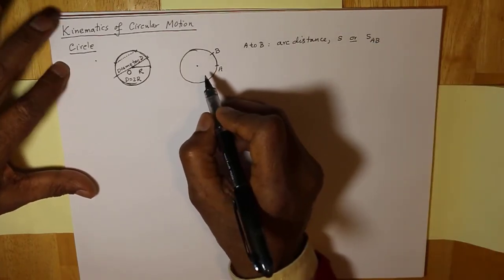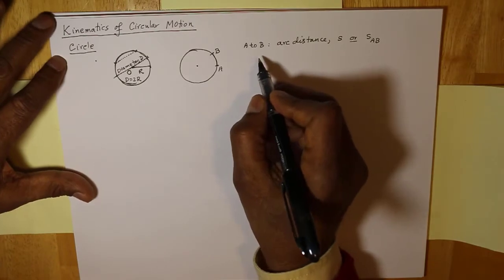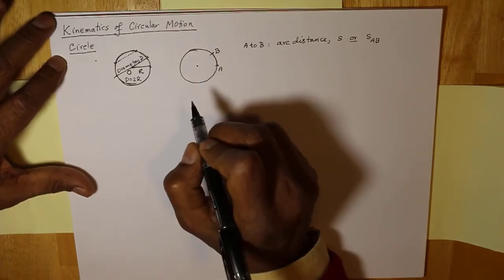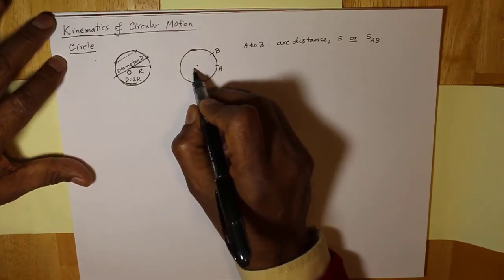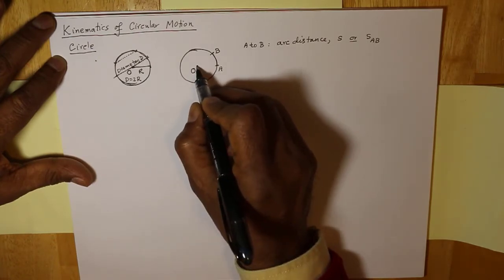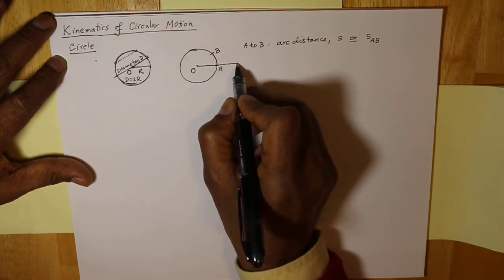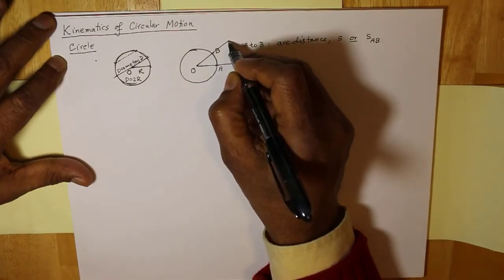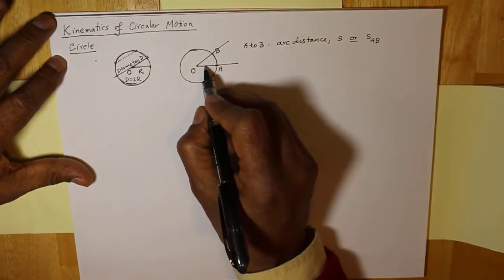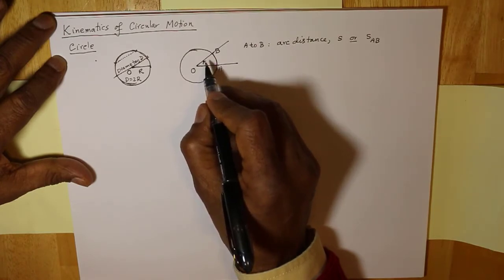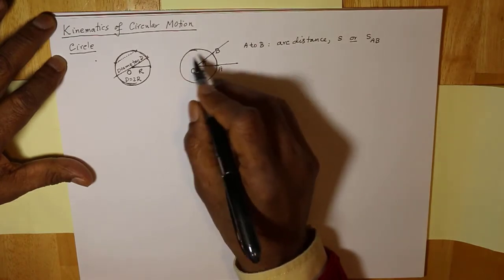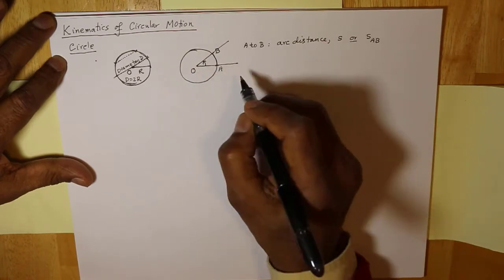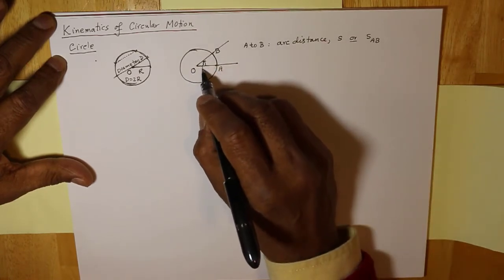Now, you could also say you went from A to B in another way. You can say with respect to this point O, you were in this direction, and when you went there with respect to point O, you were in that direction. So you can see this angle, which from our perspective is a counterclockwise angle.